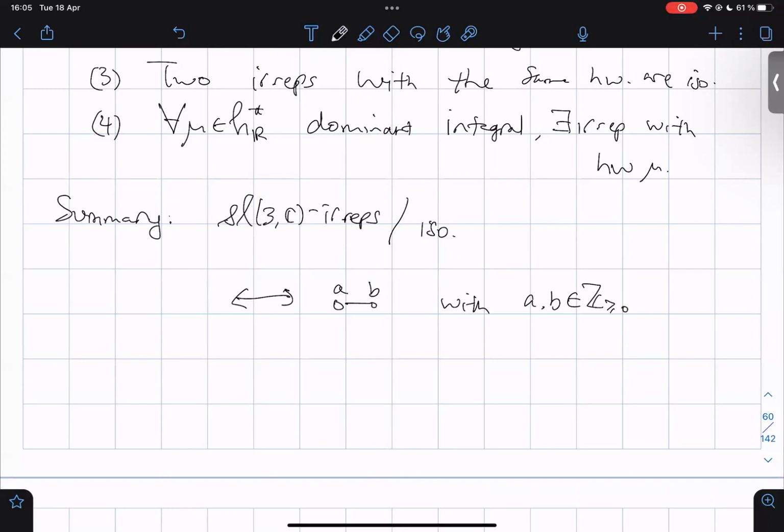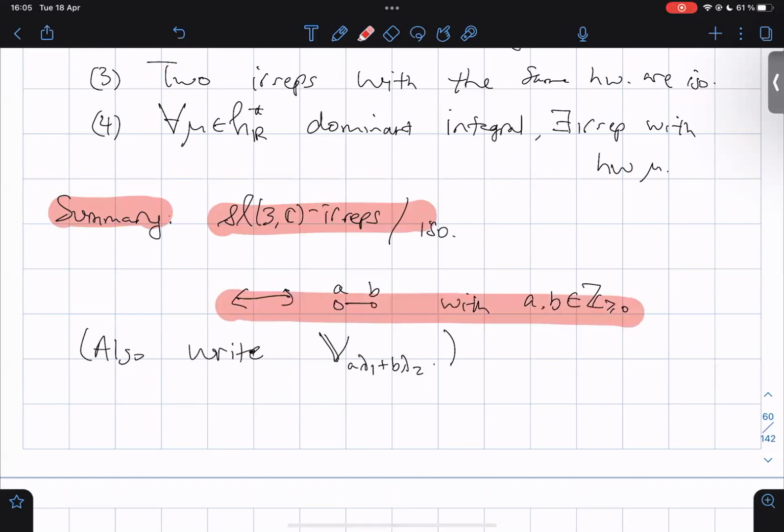I'll also write these, in analogy with the notation used for SL2, as V(a lambda 1, b lambda 2) for the corresponding representations. We can construct all these representations concretely; we'll see some details of that next time. But they're classified by these integral dominant weights as highest weights.